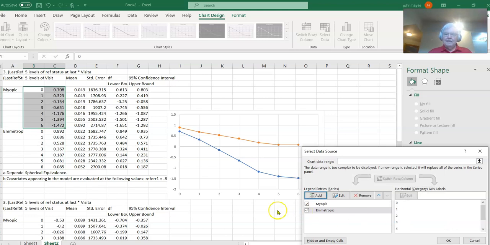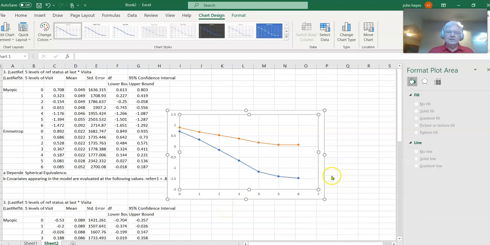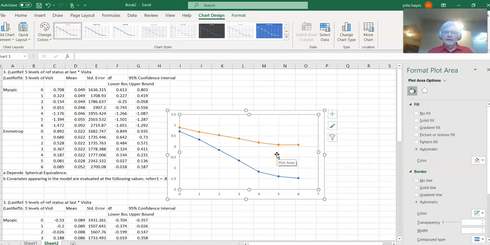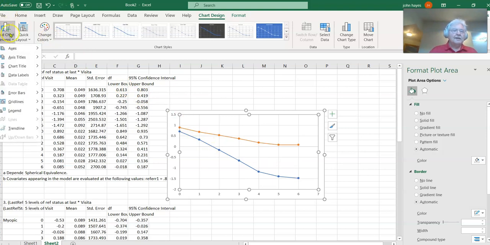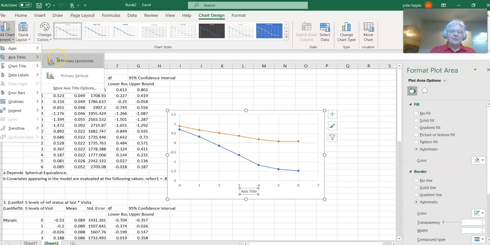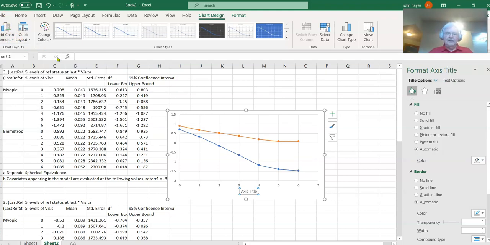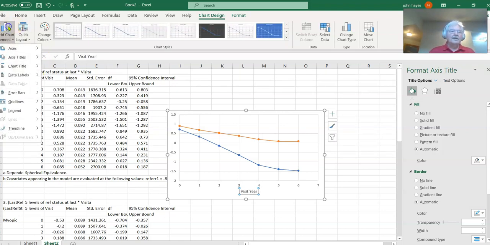Okay. Now before we go too much further, let's look at this. What do I have on my graph? I need a title. Add chart element, axis title. The primary is visit year. Add axis title.